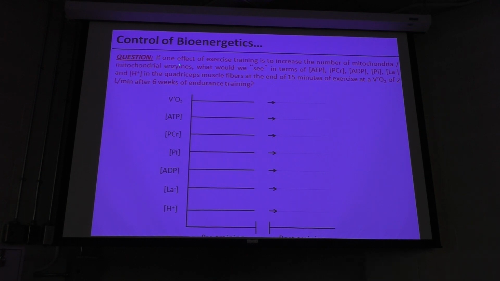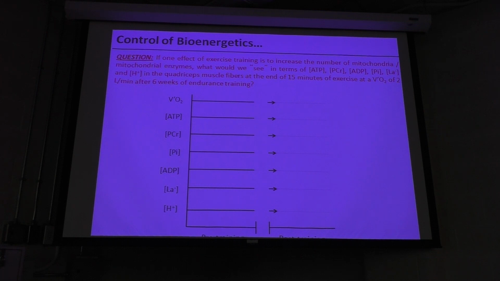If one effect of exercise training, so again, you go from sedentary to trained over 8 weeks, 12 weeks, whatever it is, is to increase the number of mitochondria and the number of mitochondrial enzymes, the question I'm asking is: what would we see if you had to draw a plot of intracellular ATP, phosphocreatine, ADP, Pi, lactate, and hydrogen ion concentrations in the quadricep muscle fibers at the end of 15 minutes of exercise at a constant VO2 of 2 liters a minute after 6 weeks of endurance training?